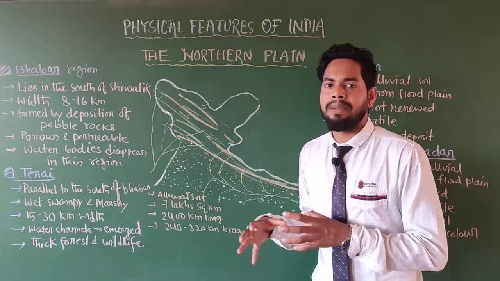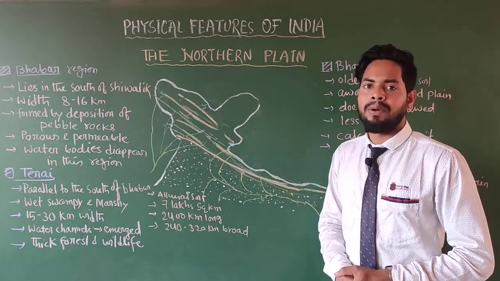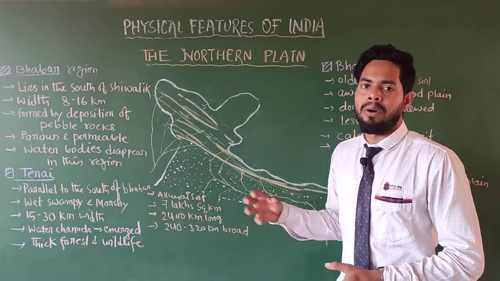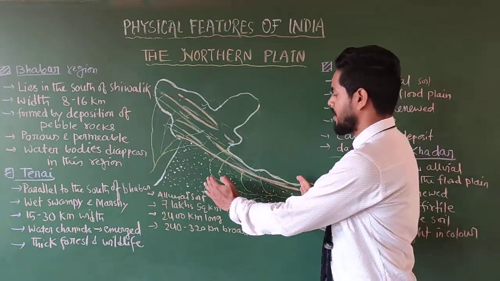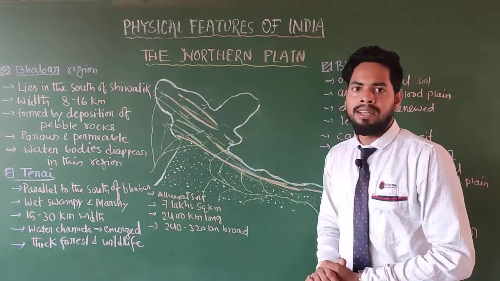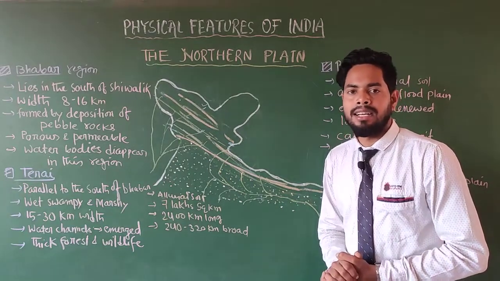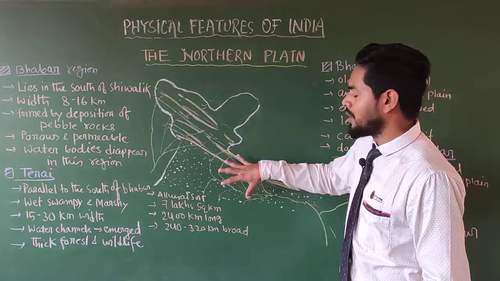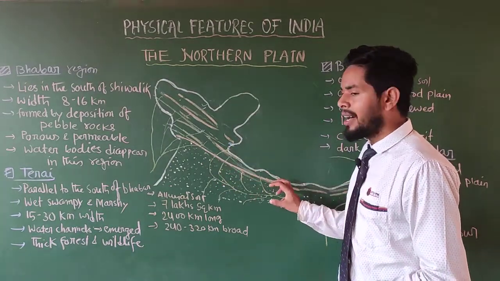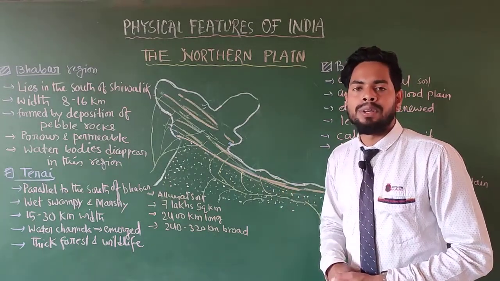So 5 rivers are present in Punjab and form the Doab of Punjab. Then a large part of the northern plain is formed by the Ganga river, and it covers Haryana, Delhi, Uttar Pradesh, Bihar, Jharkhand, and West Bengal.